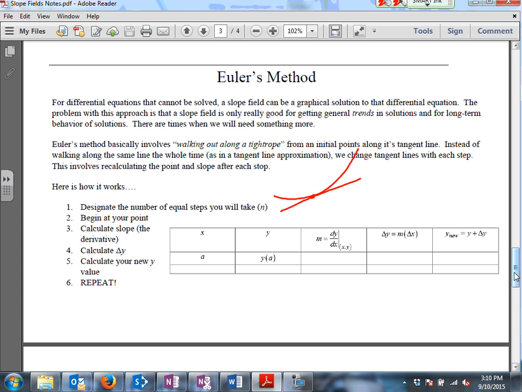How are we going to do that? First, we're going to start at our point. We are going to calculate the slope of that tangent using our derivative. Then, we're going to walk out just a little bit on our tangent line and find that y value. I forgot to say we have to figure out how many steps we're actually going to take.